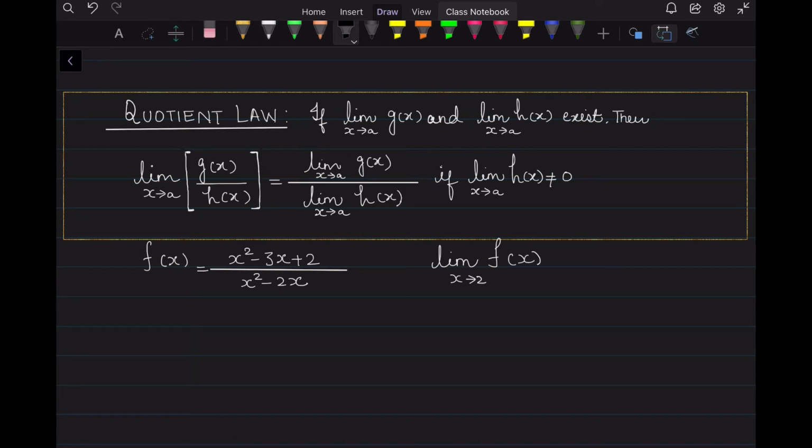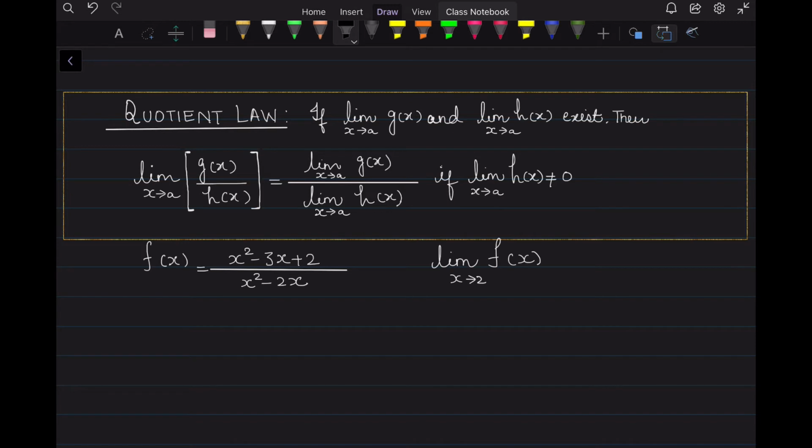Up to here we are fine, because g(x), the numerator, is a polynomial, and h(x), the denominator, is also a polynomial. So the limit of g(x) and the limit of h(x) as x approaches a exist, because in the previous lesson we learnt that the limit of a polynomial function as x approaches a always exists. Now the only thing we have to check is whether this condition is satisfied.